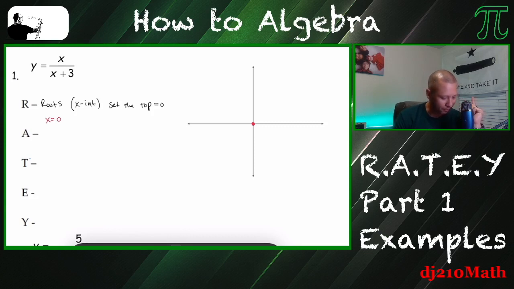Second part, I need to find the asymptotes, specifically the vertical asymptotes. And I do this by setting the bottom equal to 0.